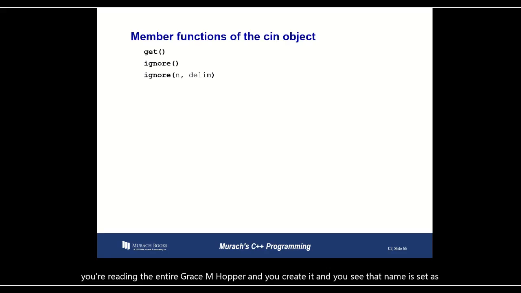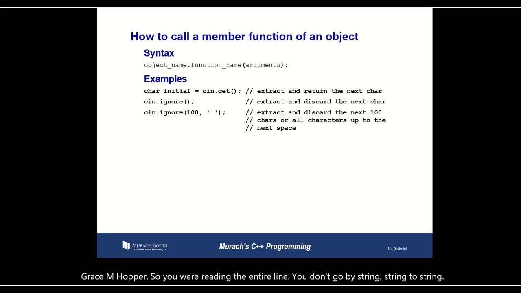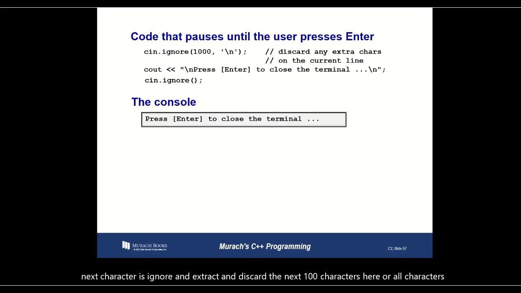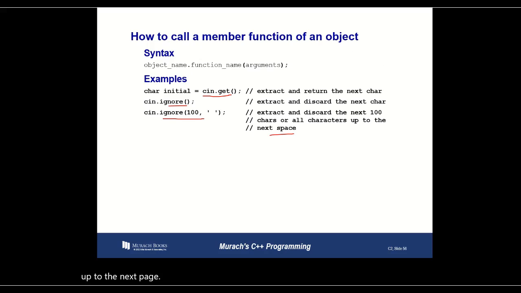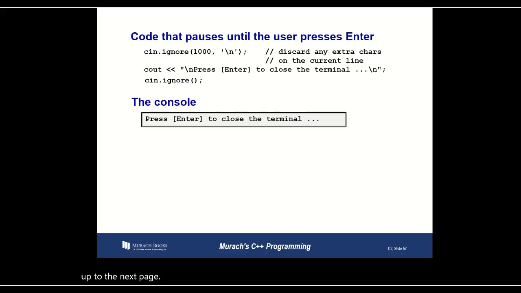There are member functions of the cin objects like get, ignore, and ignore with some parameters. Get extracts and returns the next character. Ignore extracts and discards the next character, and ignore with 100 extracts and discards the next 100 characters, or all characters up to the next newline. So if it is less than 100 characters, it will stop at the newline. This is code that pauses until the user presses enter.